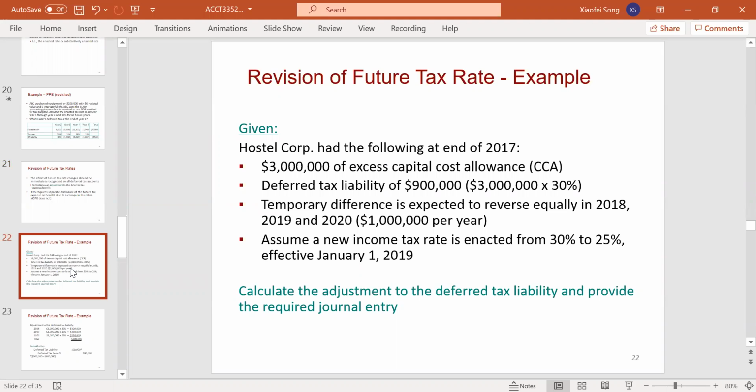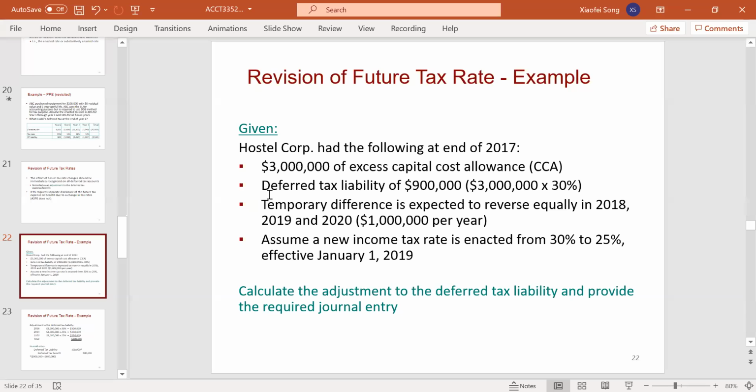So this is an example. Hotel Corp had the following at the end of 2017. They have 3 million of excess capital cost allowance. Excess of capital cost allowance gives rise to deferred tax liability, right?